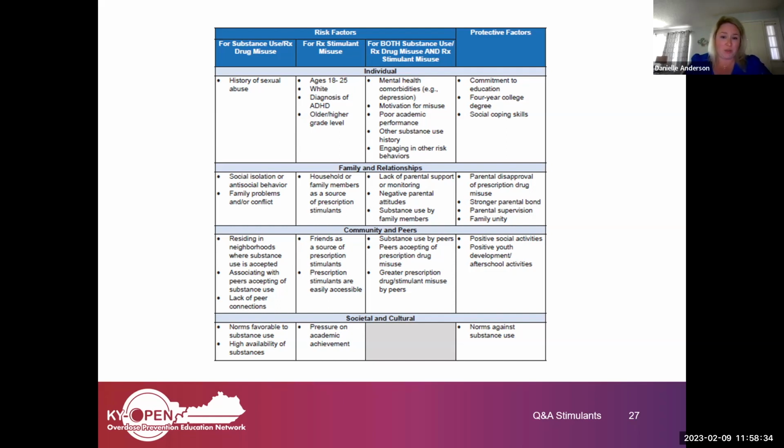And then just a few in community and peers. We see this is more common in patients who have peers that are misusing. So again, I'll send this out, but I think this is a great chart to look at patients with substance use disorders and assess if any of these risk factors are present.